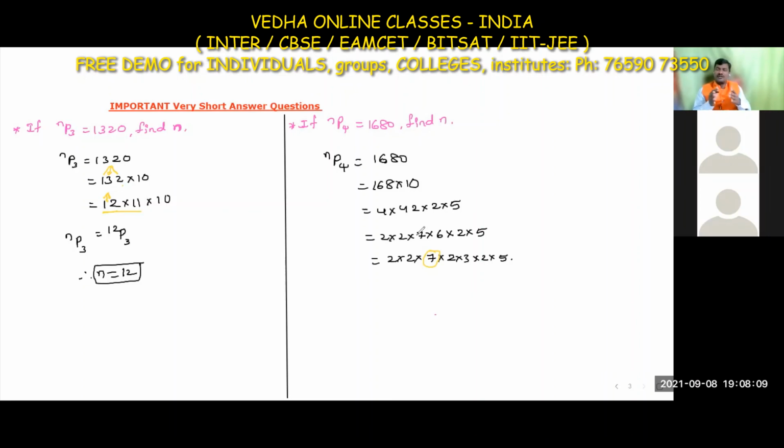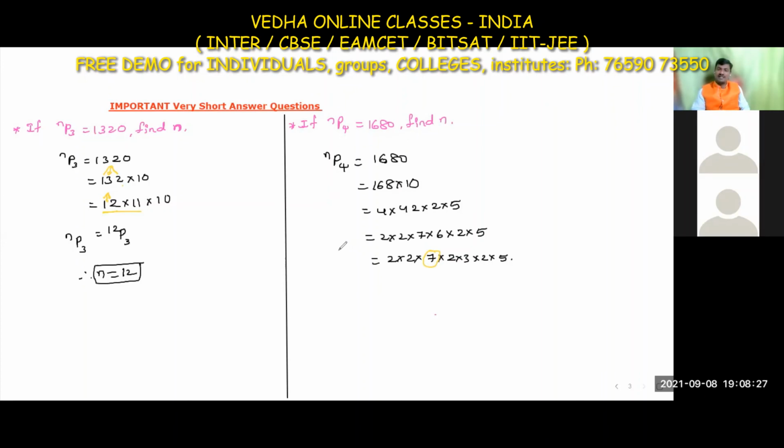When we write, we have to write 4 consecutive factors, arranged from the given factors. Why are we writing like that?